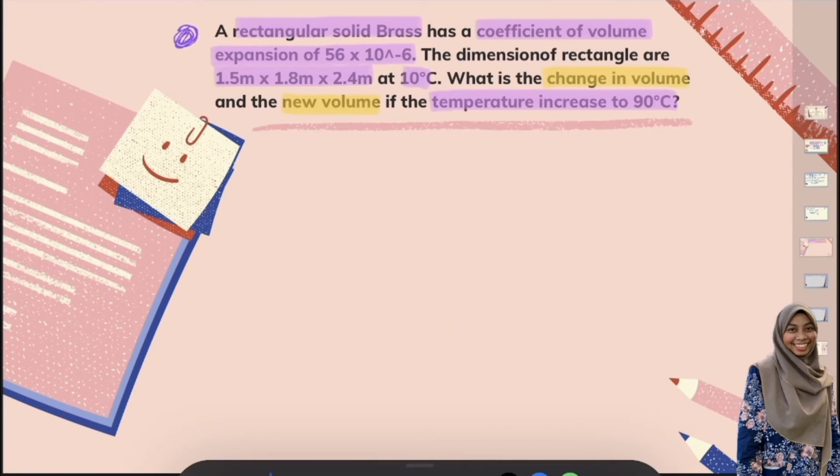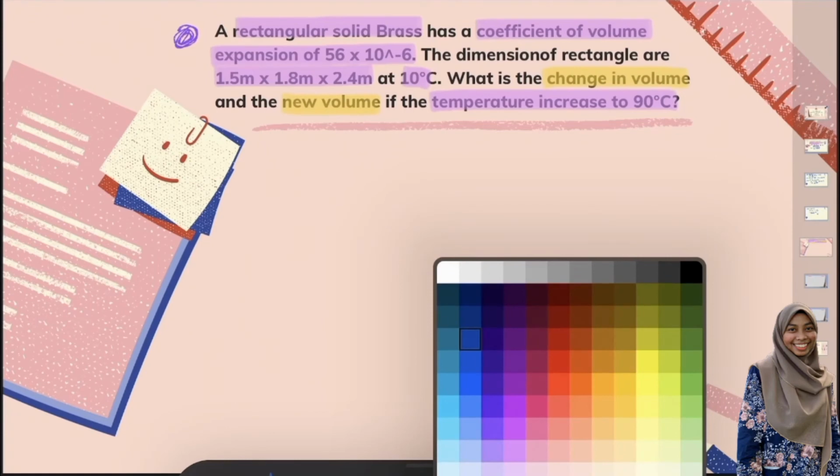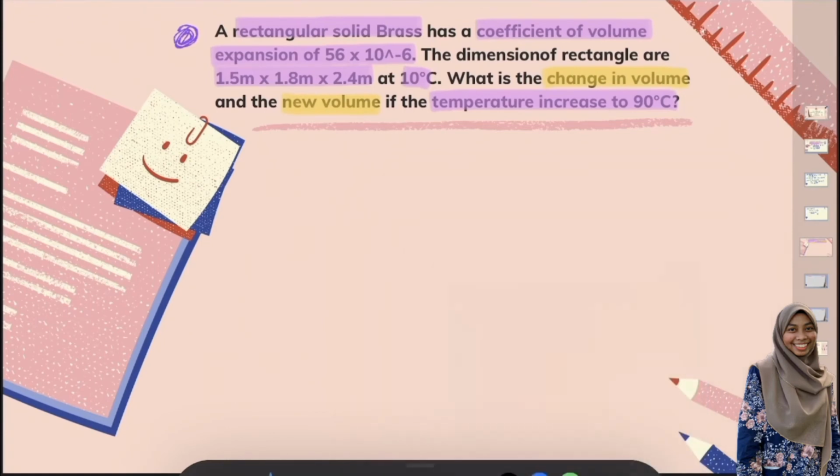Okay, first we need to calculate the V naught. So V naught we can get from this.